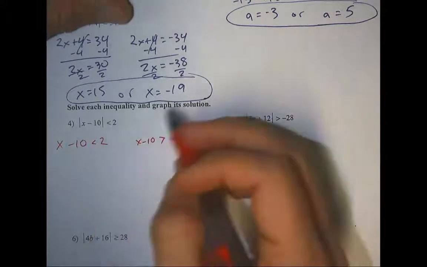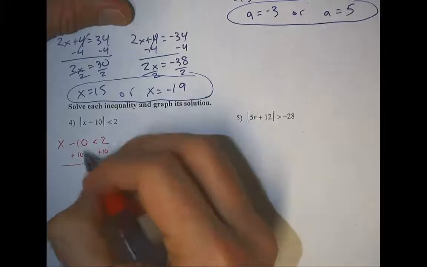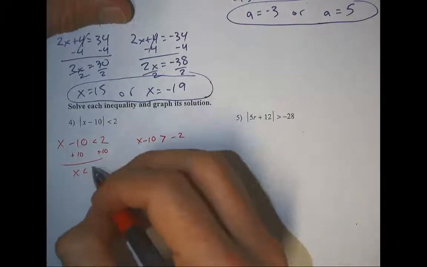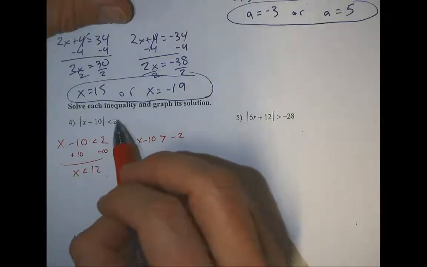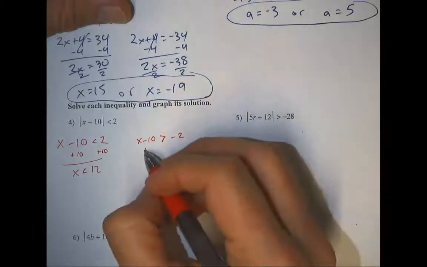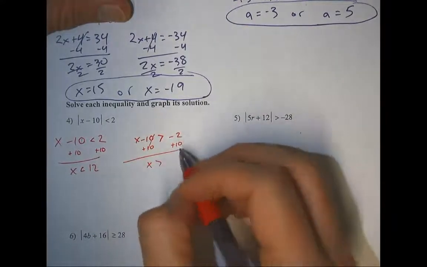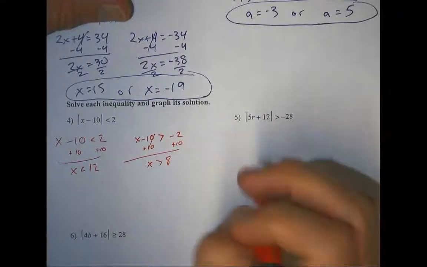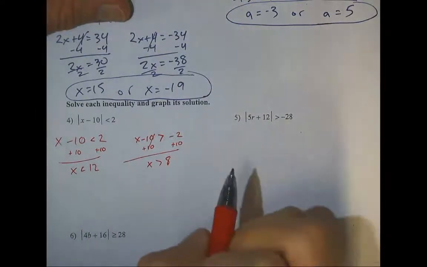So you can do those separately, and let's run those real quick. Plus 10, plus 10. So x is less than 12. That creates our positive answers that are less than 2. Add 10, add 10. X is greater than 8. So less than 12, greater than 8.